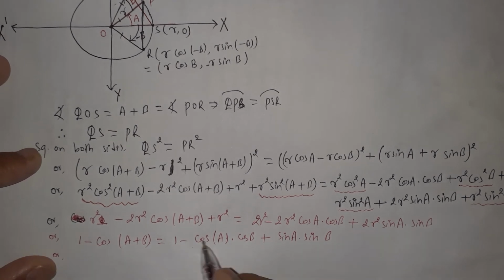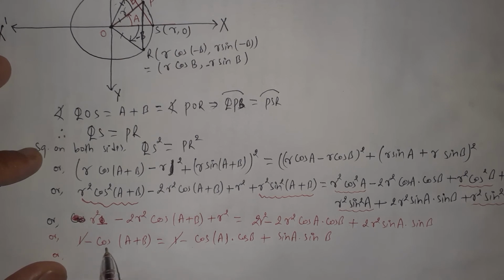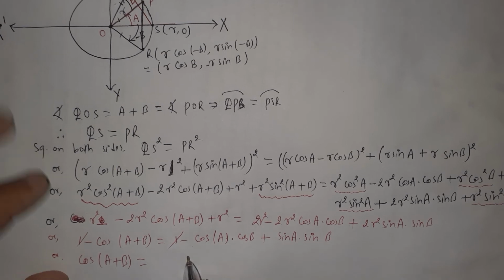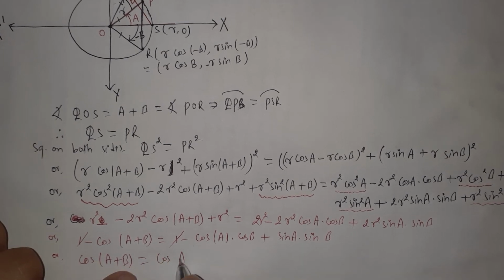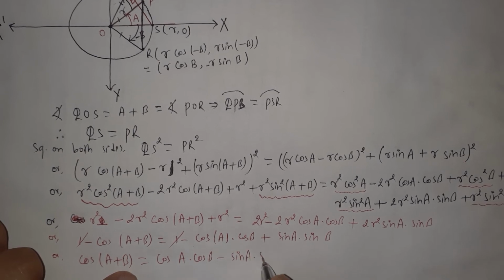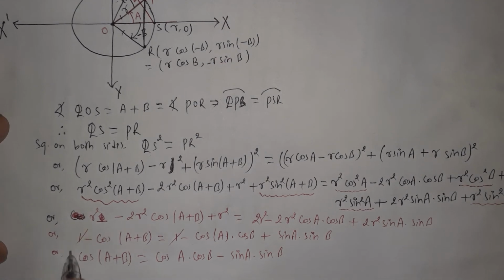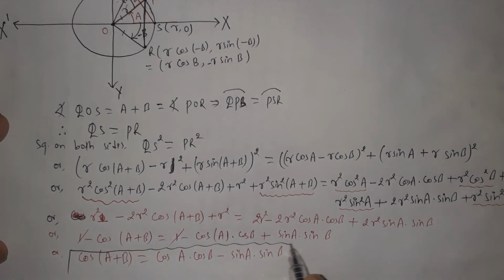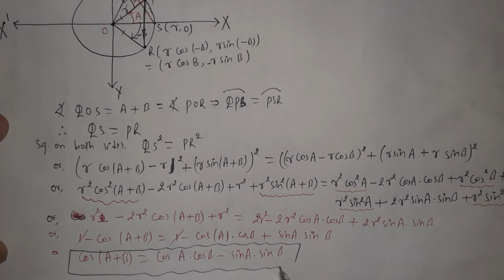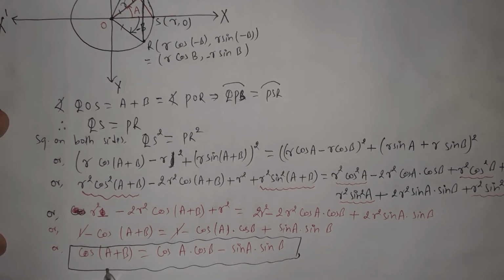Now let's simplify this. The 1 cancels out, and if we transpose this negative cos(A plus B) to the right hand side, it will be positive cos(A plus B), and transposing these terms to the left hand side gives cos A times cos B minus sin A times sin B. Here we simplify these algebraic expressions, and finally we get the value of cos(A plus B).